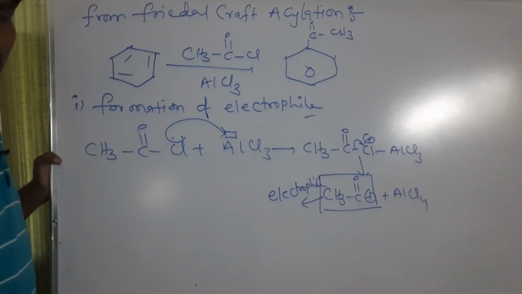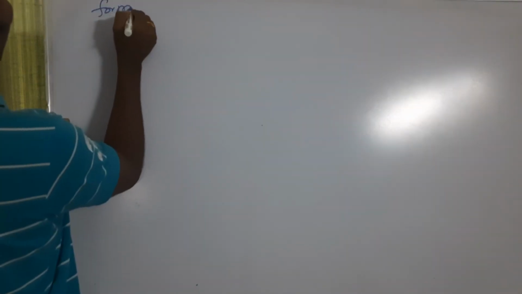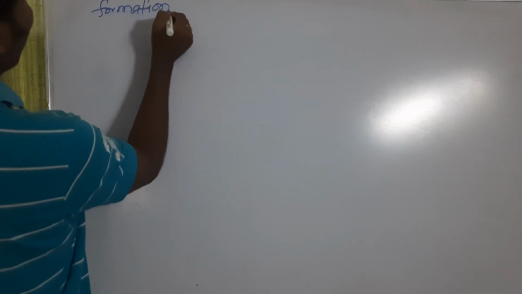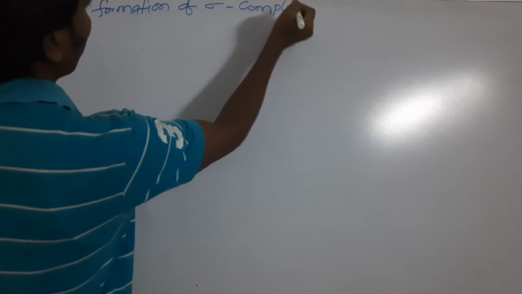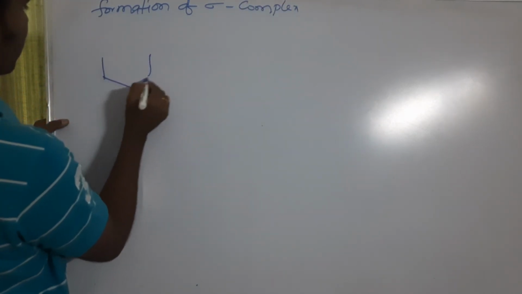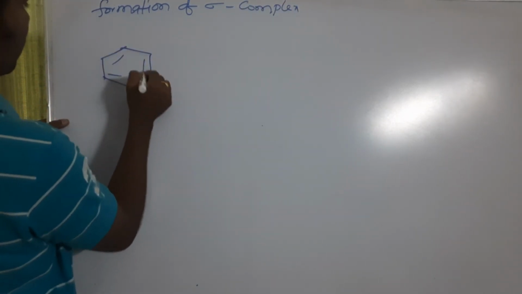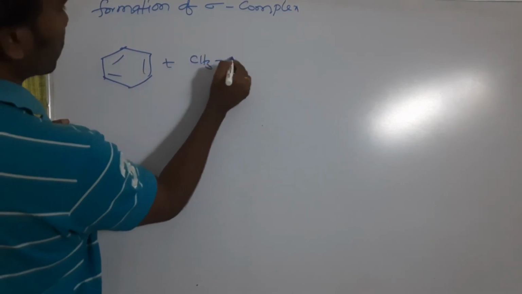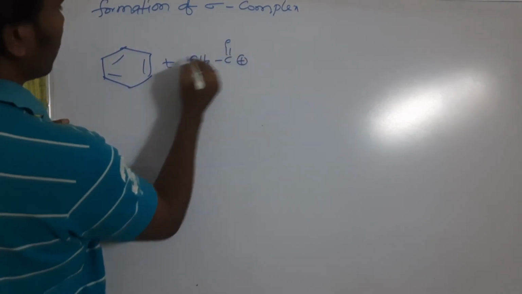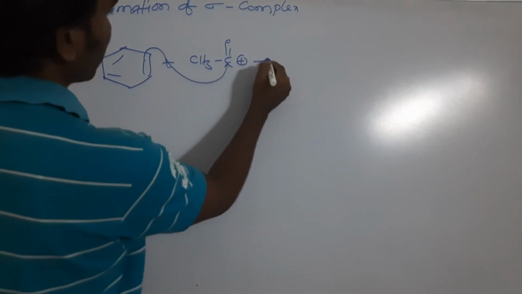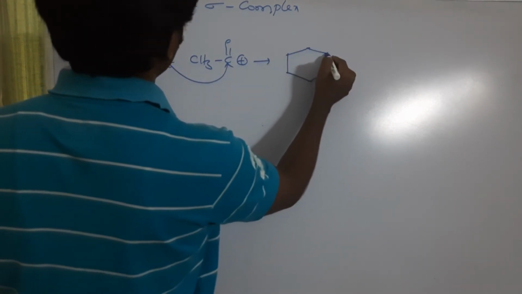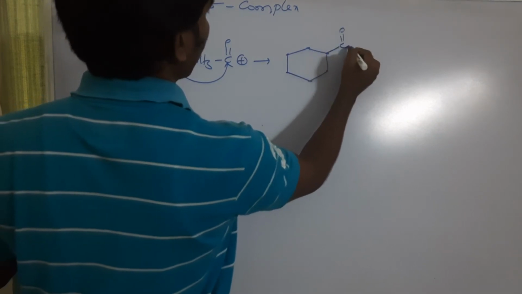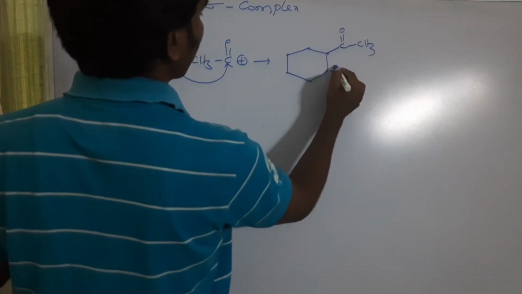Next step is formation of sigma complex. Okay, here is the benzene ring. The electrophile CH3 C double bond O plus will approach. This carbon will form a bond with the ring. Because of that, here C double bond O CH3 will be attached and here a plus will come.